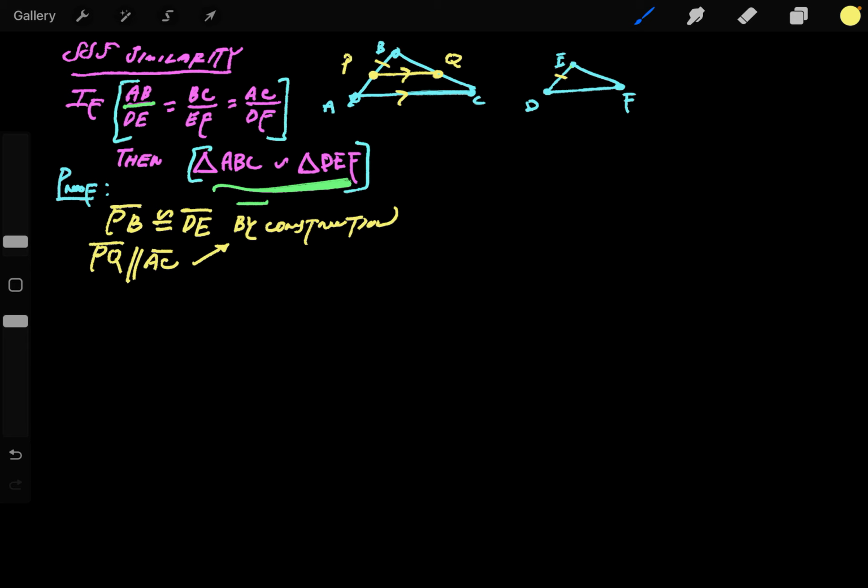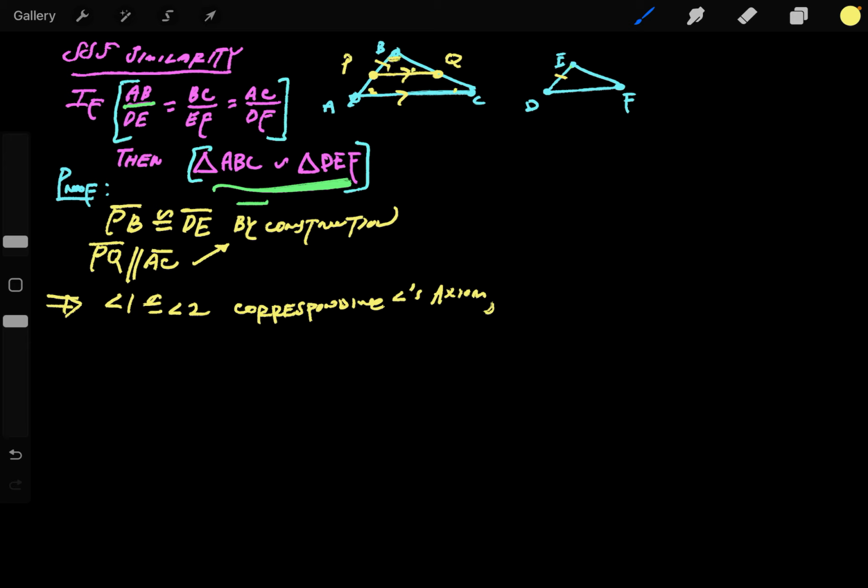If these two lines, PQ and AC, are parallel, this immediately gives me that, let's call this angle 1 and angle 2, angle 1 is congruent to angle 2 because they're corresponding angles, by the corresponding angles axiom. And then you could also say that this angle is congruent to that one, but you don't even need that.